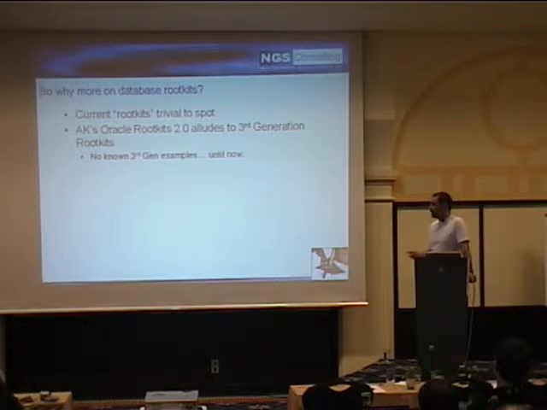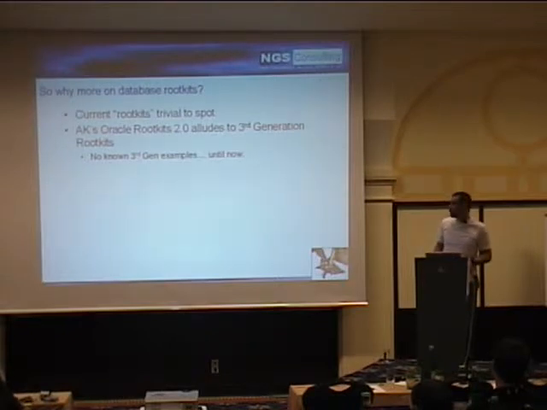What about the next generation of rootkits? In Alexander's talk last year, he alludes to third generation rootkits that modify data and so on to allow access. Now, Alex's talk didn't really present any third generation rootkits. So that's what I'm going to present today: a couple of third-generation rootkits that demonstrate what can be done.